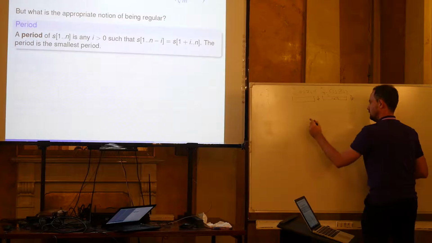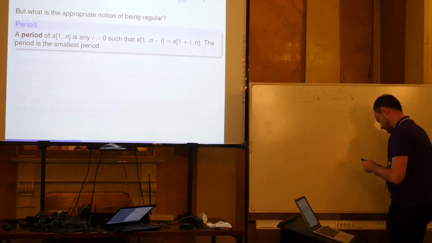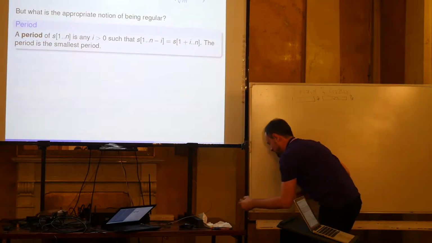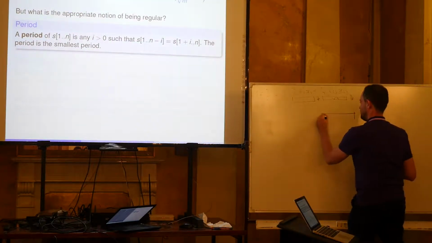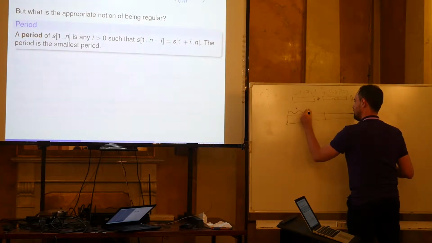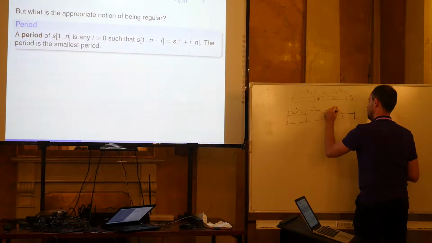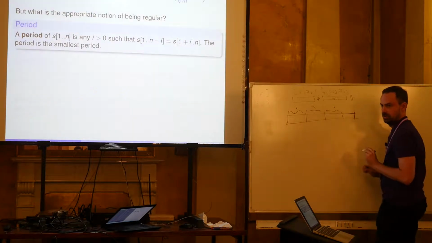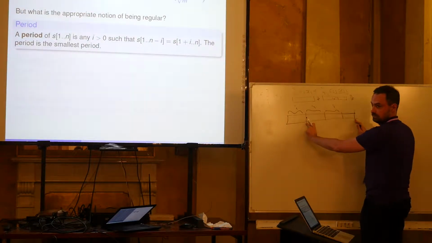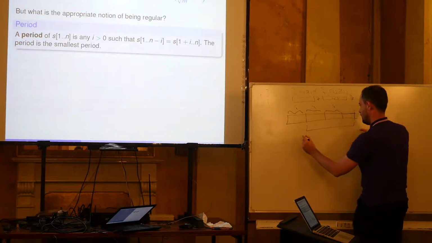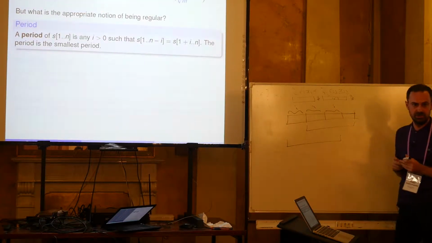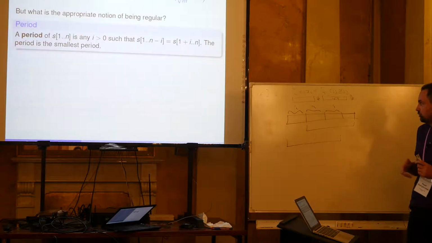So this is your string, and this is your I. You have those blocks of length I, and then this possibly incomplete block. And then when you take this and you kind of move it here, it's the same string. Okay, so that's the usual notion of periodicity.